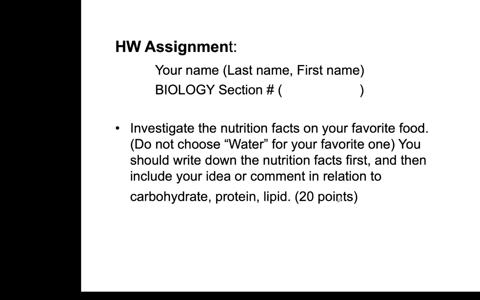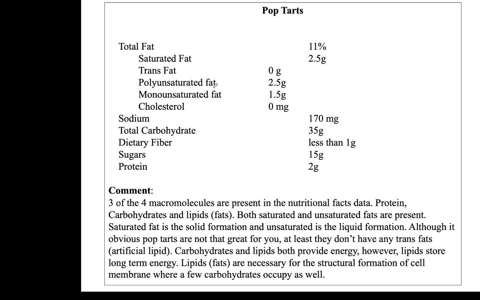You write on white paper, and it looks like this. This is the example: some students like a Pop-Tart. Report the nutrition facts from the outside of the item first. You just write down the nutrition facts written outside that item, and then you have to add your opinion. For example, 3 out of 4 macromolecules are present in the nutrition fact data: protein, carbohydrate, and lipid.